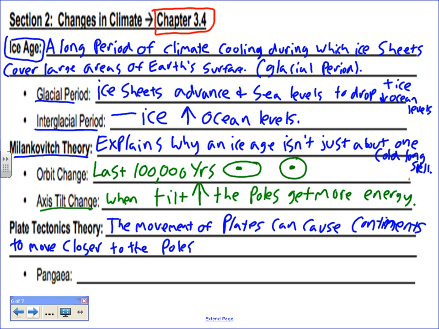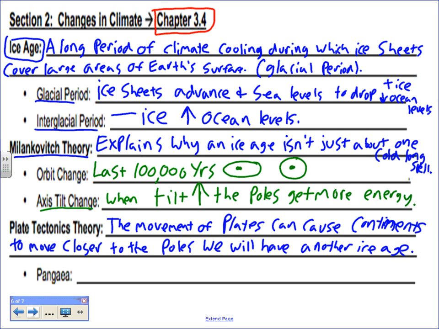Our tectonic plates are constantly moving, and if they move our continents too close to the poles, we'll have another ice age.